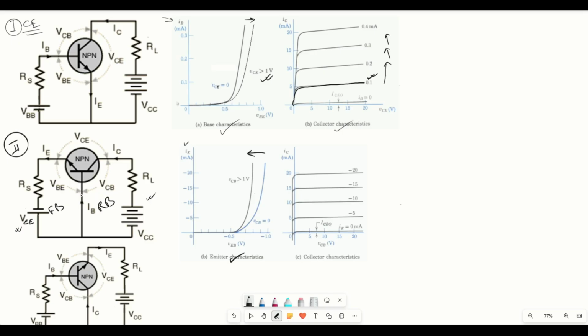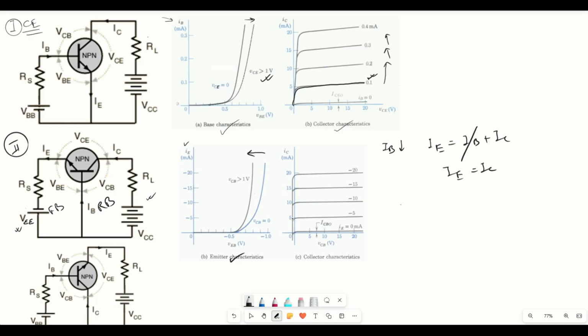Across the output, since we are in common base configuration, if IB current is negligible, then we can neglect the value and IE becomes equal to, as we know, IB plus IC. Since we are neglecting IB, IE equals IC.